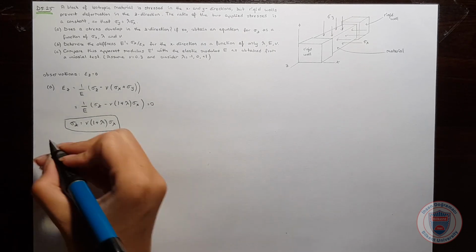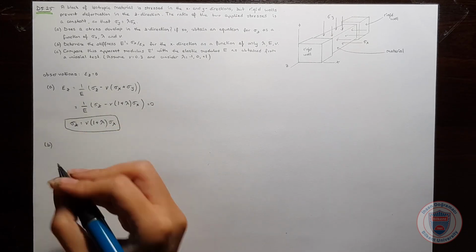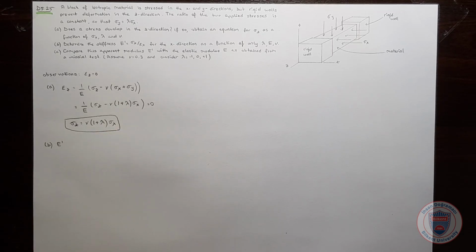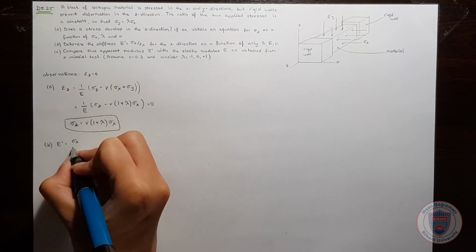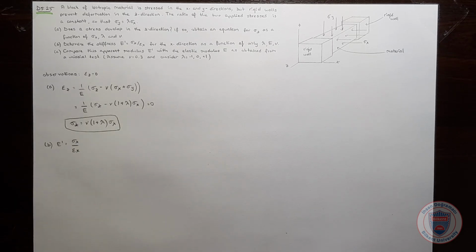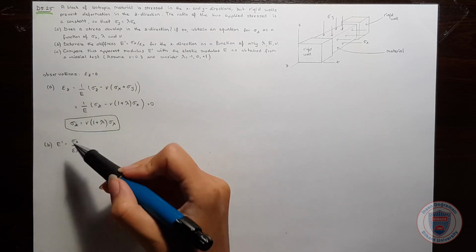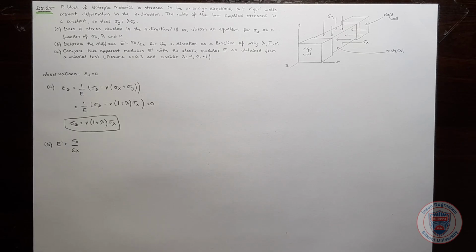Let's move on to part B. We know that stiffness in the x direction is sigma x over epsilon x. We know sigma x, but we should find an equation for epsilon x too.